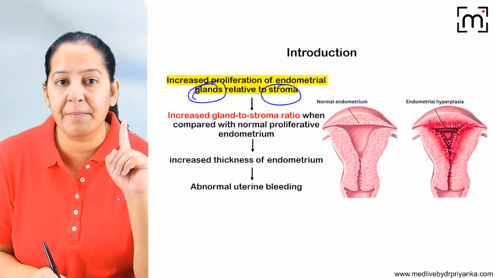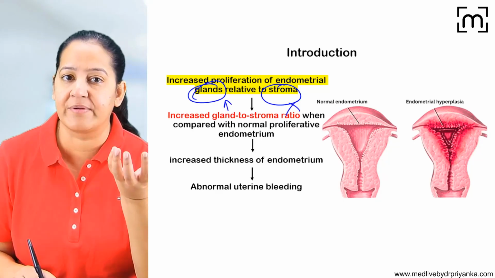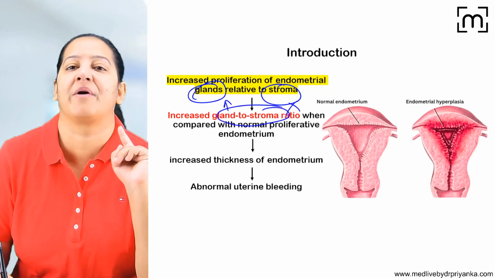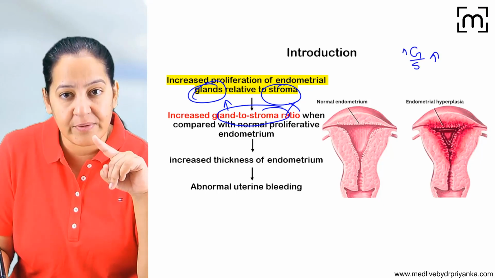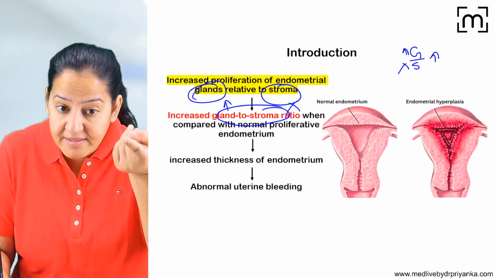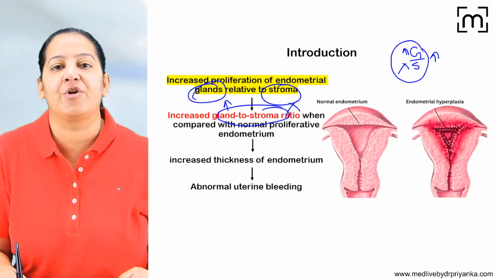So it is known as increased gland to stroma ratio. The numerator is increasing, the denominator is not increasing, so the overall ratio will increase. So this is endometrial hyperplasia.